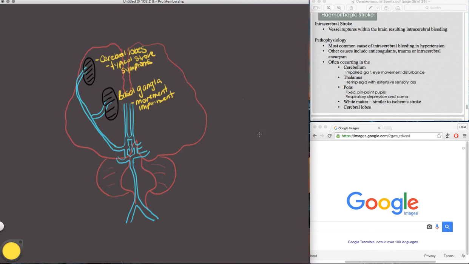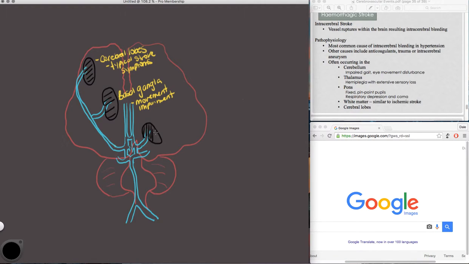Another area of the brain that is commonly affected by an intracerebral stroke, or bleed within the internal workings of the brain, is the thalamus. The thalamus is basically the internal relay center of the brain, and is responsible for a lot of the relay of our special senses, as well as our typical sensory information.